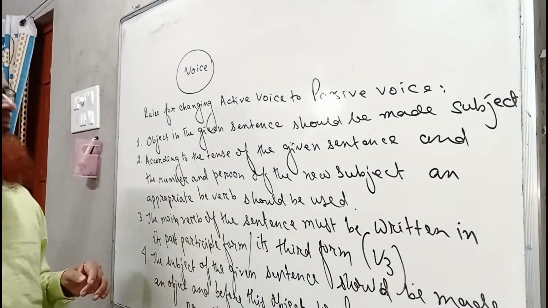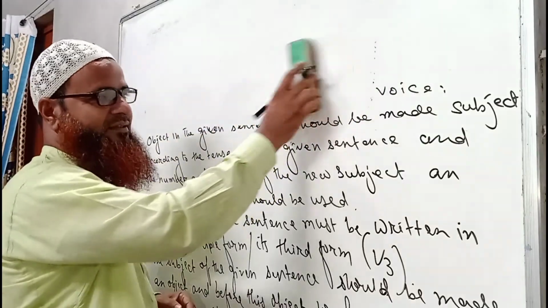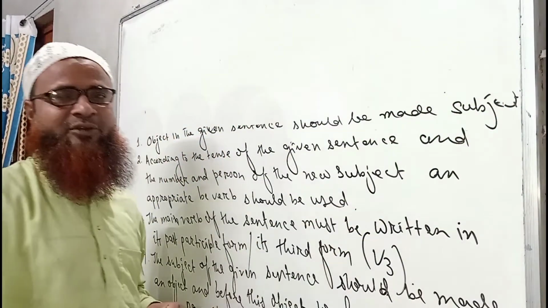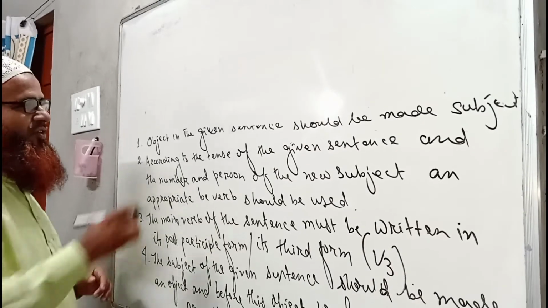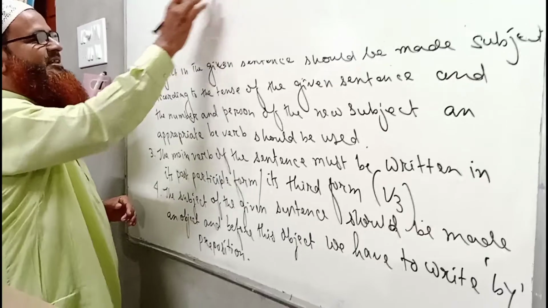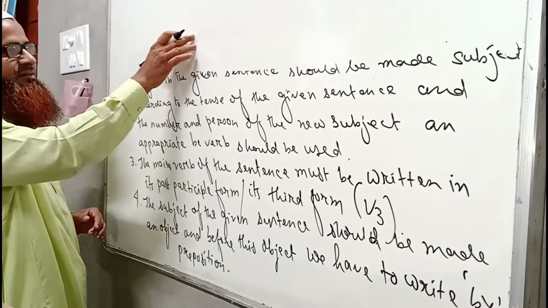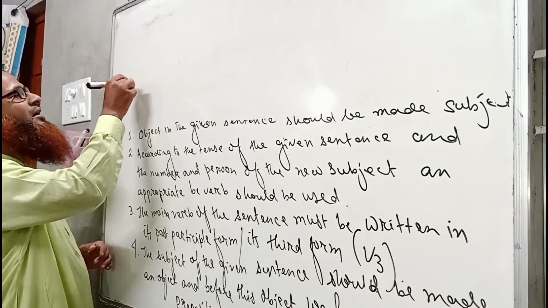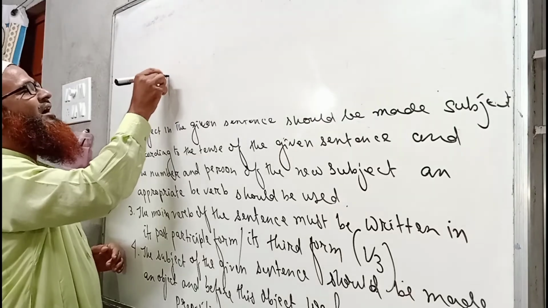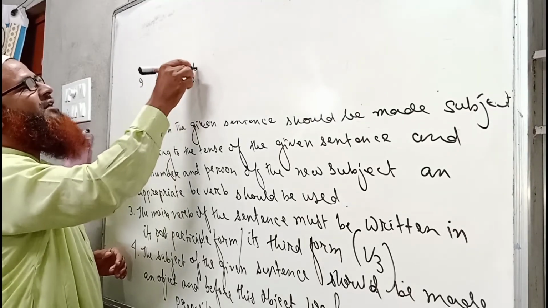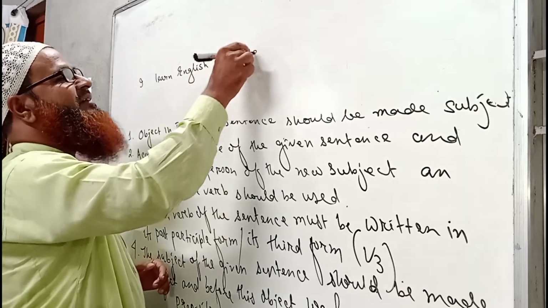Now I hope you have already understood the rules. I mentioned 1 or 2 examples only, because this will be our introductory class for the chapter voice. Now I am writing 1 or 2 sentences here. You can see that: I learn English every day.